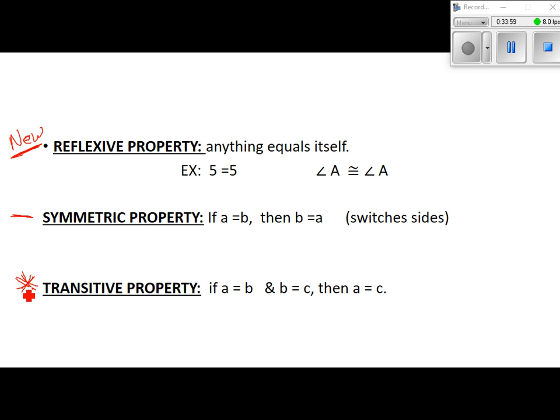These properties, you're going to see these 3 properties over and over and over again for the next week or so. Because not only do these properties work in algebra, they also work for segments, and they also work for angles.